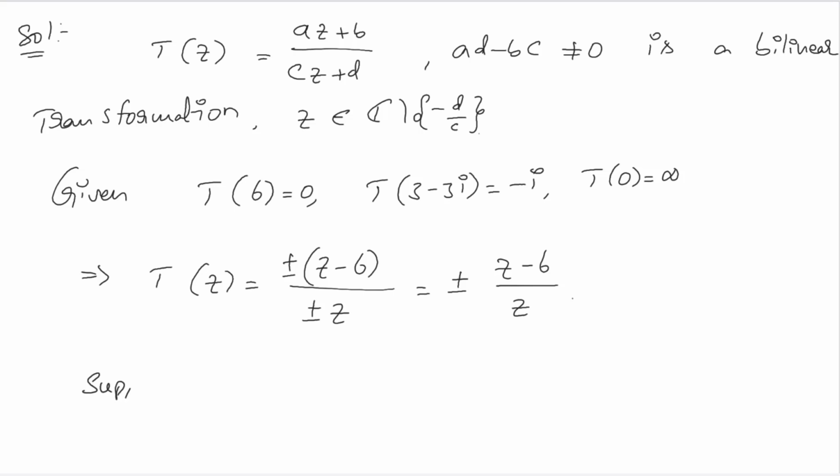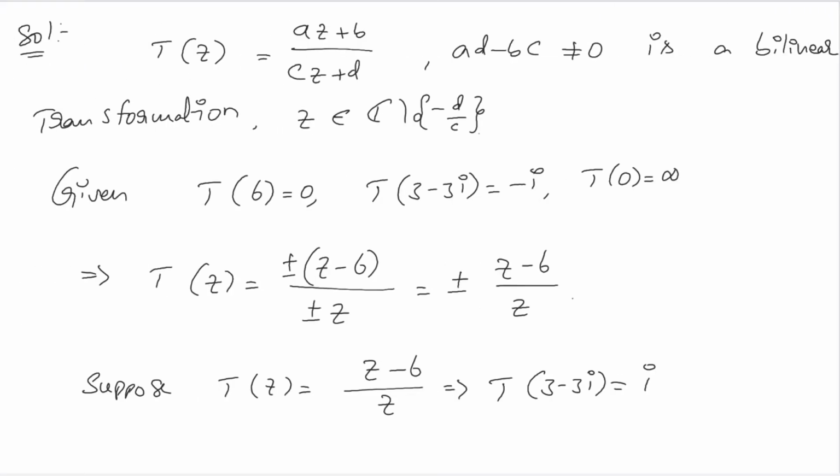Suppose T of z is (z minus 6) divided by z. Then we have T of 3 minus 3i is i. So we have to check whether this is satisfied or not.